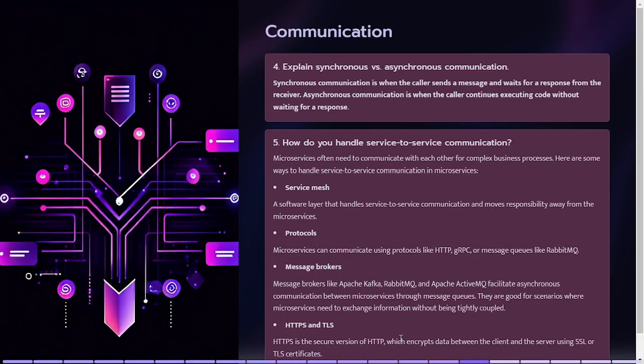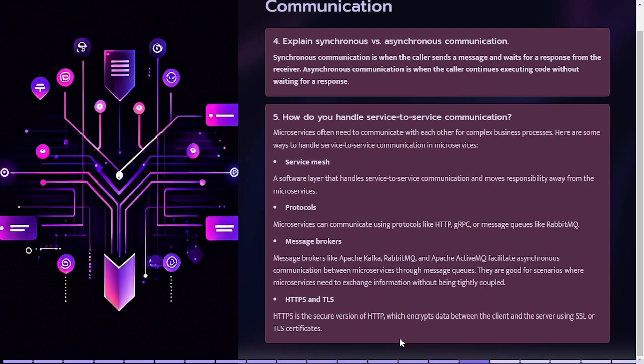Let's see what is synchronous and asynchronous communication. Synchronous communication is when the caller sends a message and waits for the response from the receiver, whereas in asynchronous communication, the caller continues to execute code without waiting for the response. This is the main difference between synchronous and asynchronous communication.